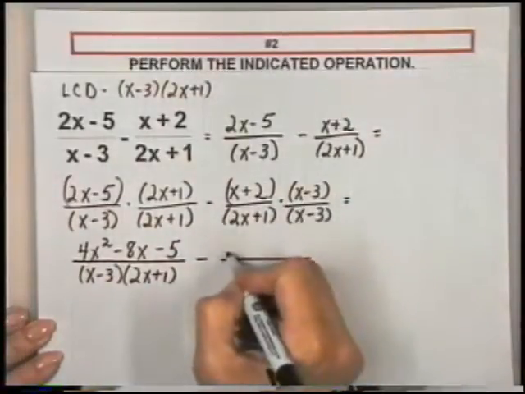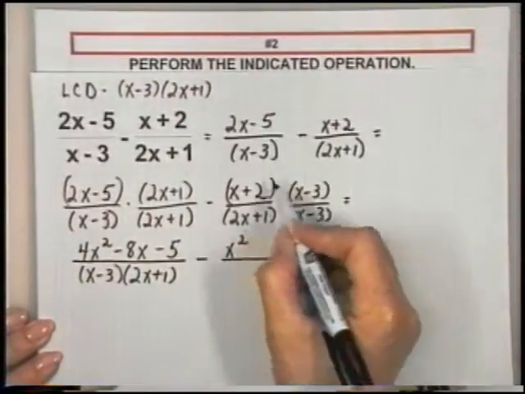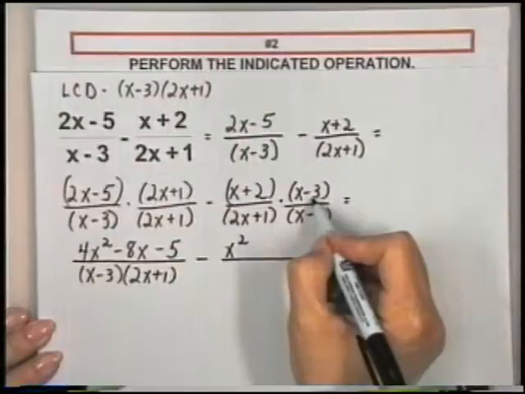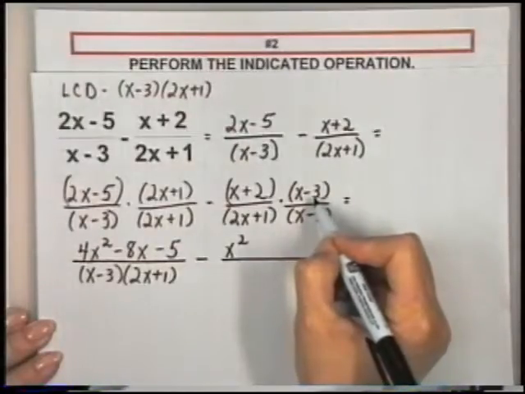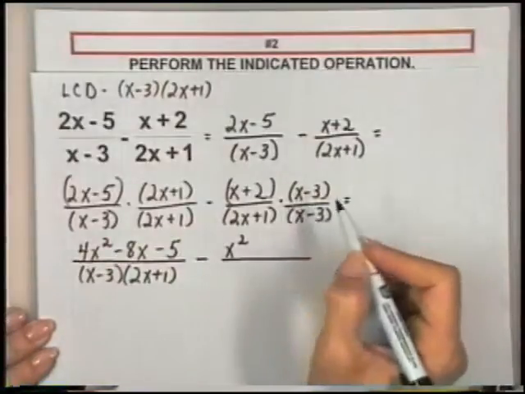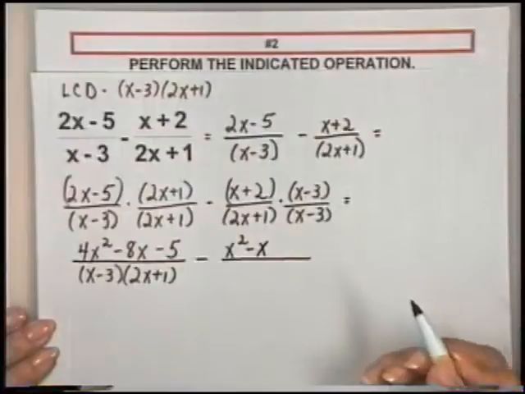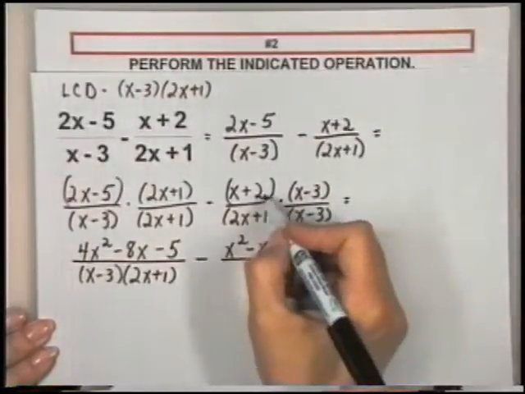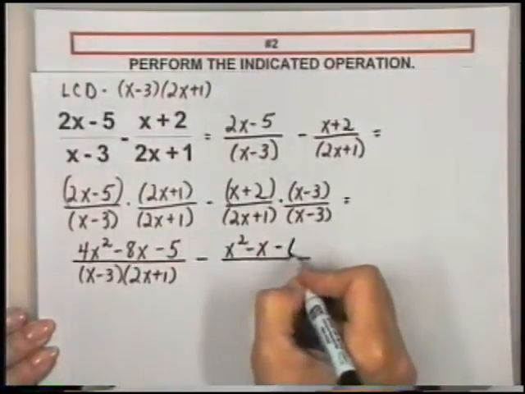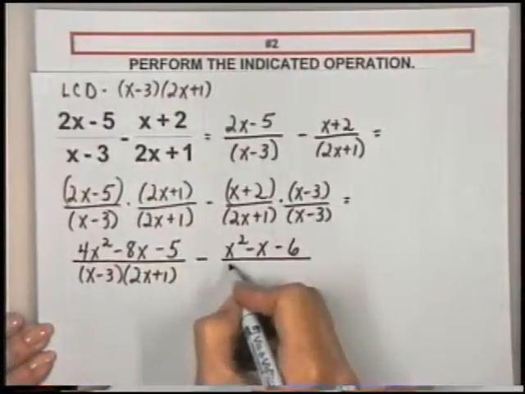I will use FOIL. X times x gives me x squared. For an outer term, x times negative 3 is negative 3x. For an inner term, 2 times x is 2x. Minus 3x plus 2x will give me minus x for my middle term. 2 times negative 3 will give me negative 6 for my last term.